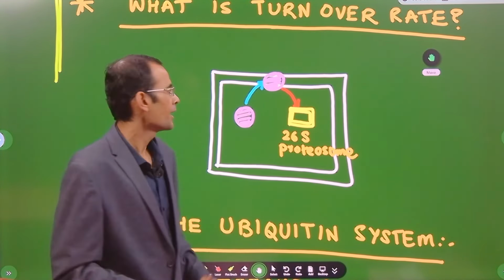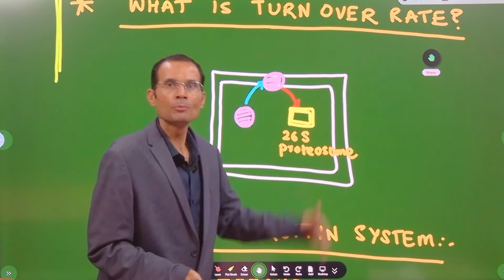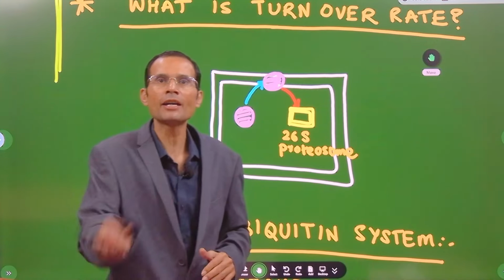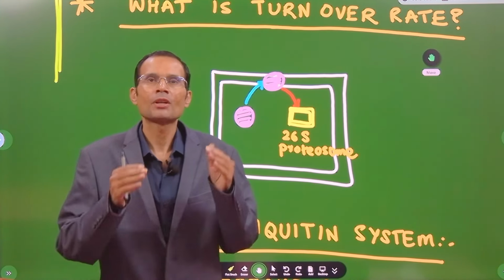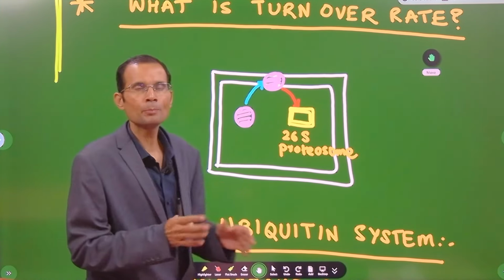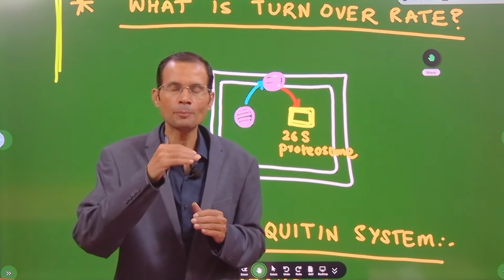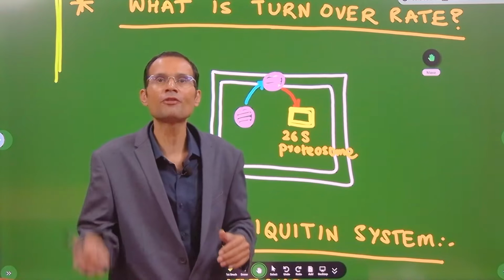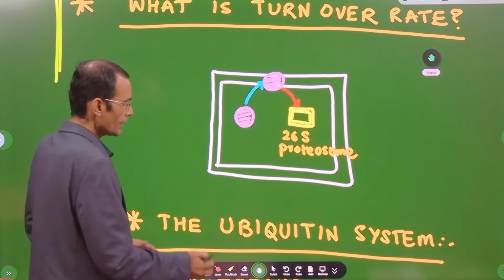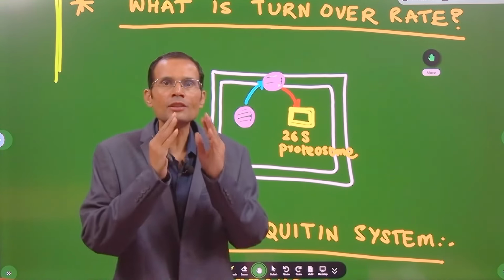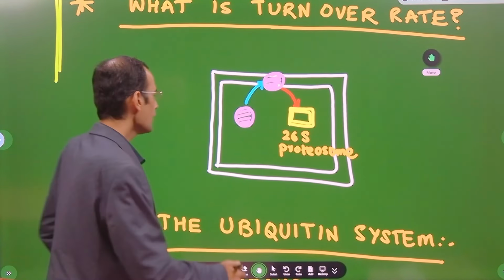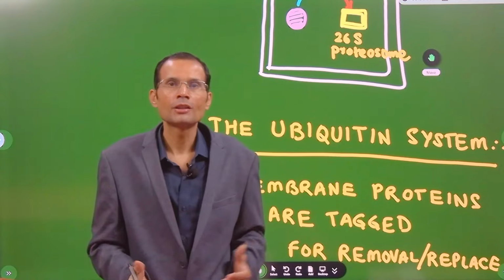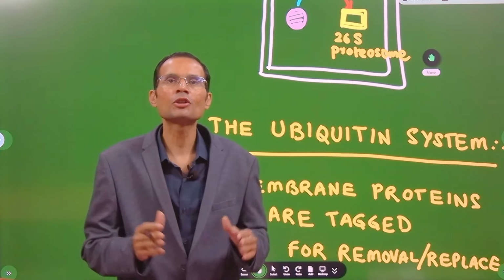On the other hand, if the rate of degradation of that protein is higher at any given moment, then the membrane protein percentage will drop because the proteins are getting degraded faster. So that's what is meant by the protein turnover rate. And let's now understand what determines this protein turnover rate.